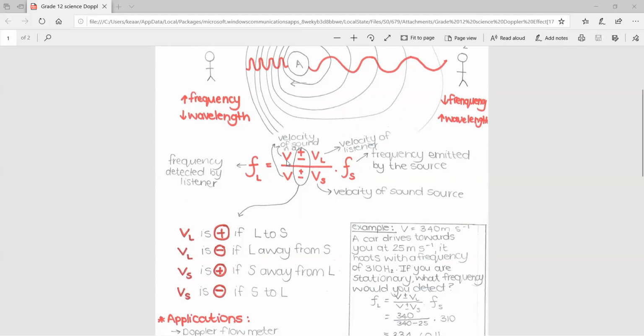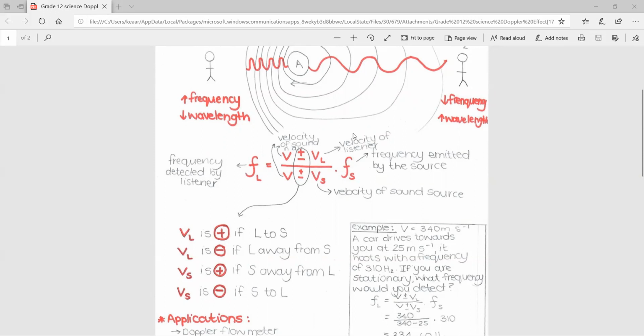However, they can give you another number. Plus or minus, we will get to the plus or minus just now. The velocity of the listener, so whether the listener is moving or not. The velocity of the sound source, so whether the sound source is moving or not and how fast it's moving. And then times by the frequency emitted by the source.